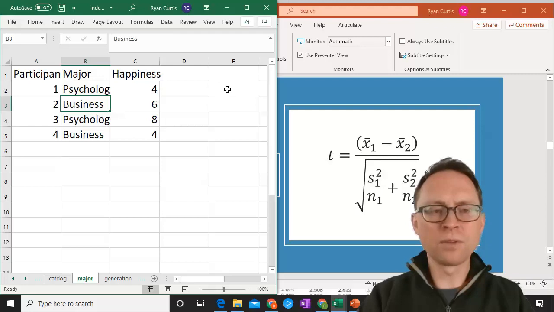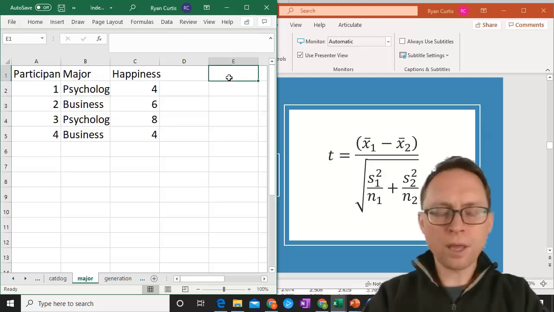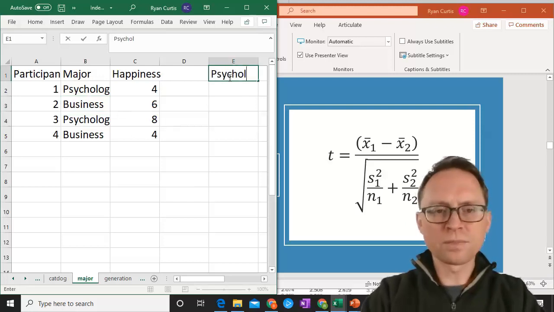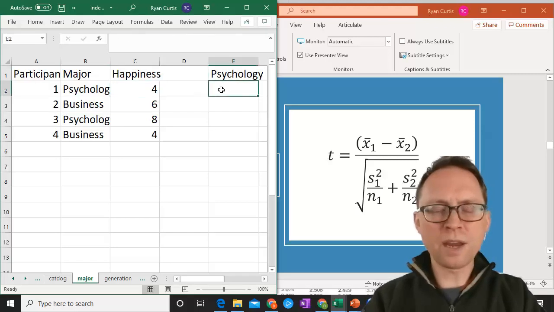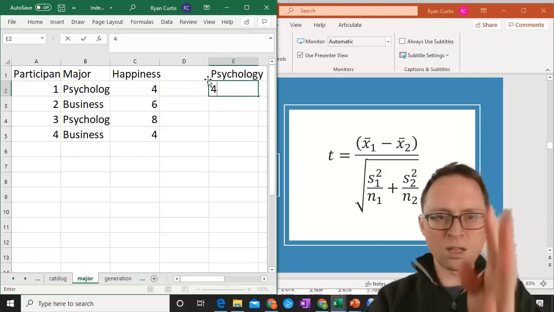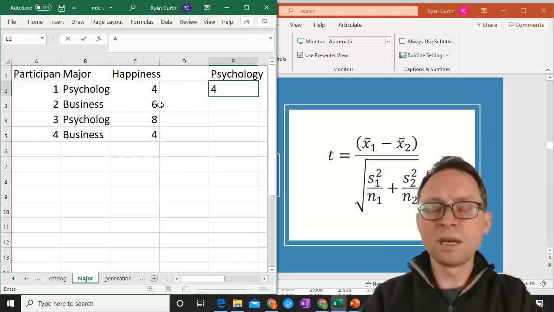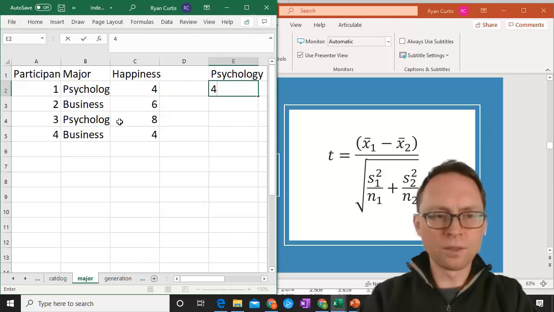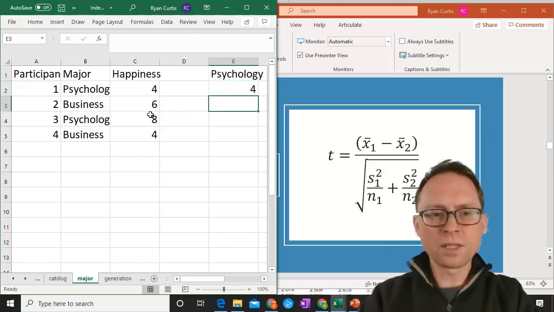Let's look at psychology majors. This psychology major had a happiness of 4, and this one, now I'm listing it in a column instead of in the rows like this. And this psychology major right here had a happiness of 8. So these are all the happiness scores for the psychology majors.